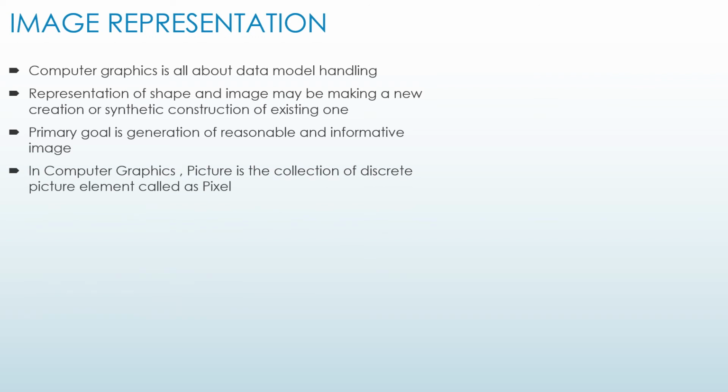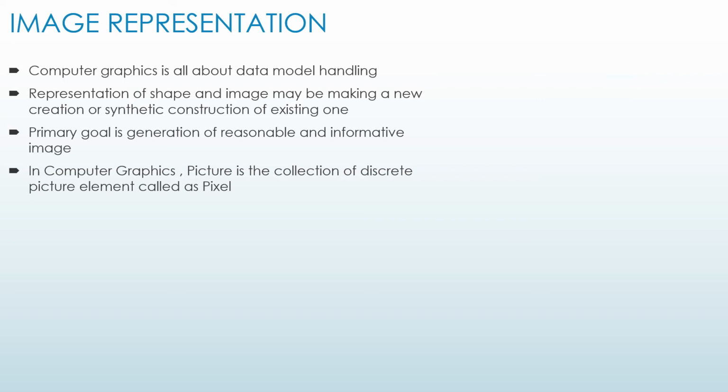Next, in computer graphics, a picture is a collection of picture elements called pixels. As you know, a picture is created with a collection of minute particles called pixels. What are pixels? A small square inside a picture.